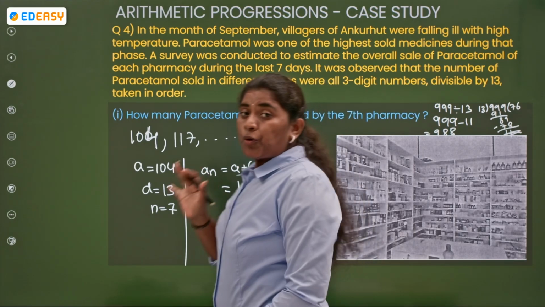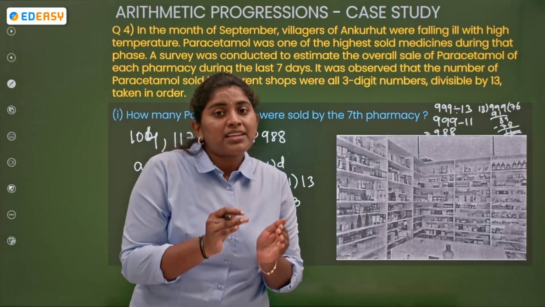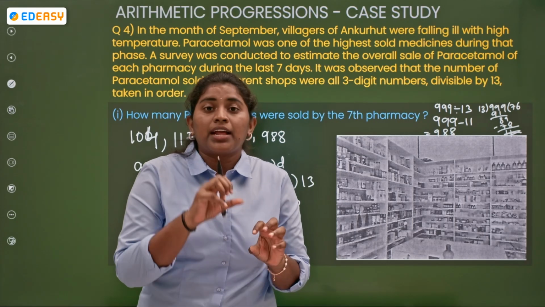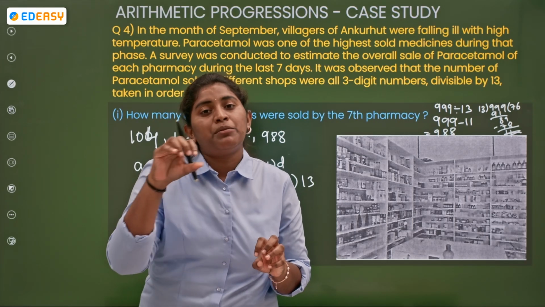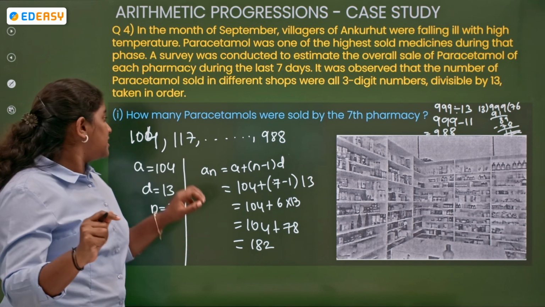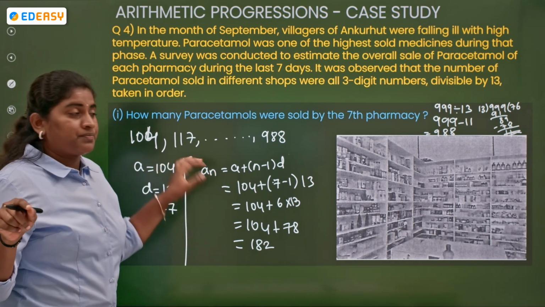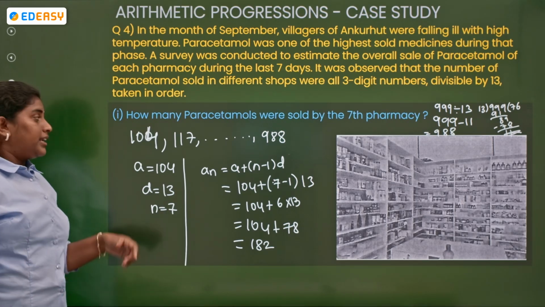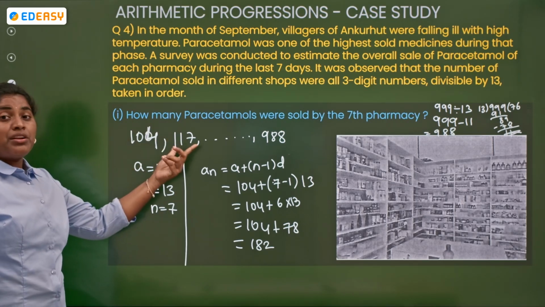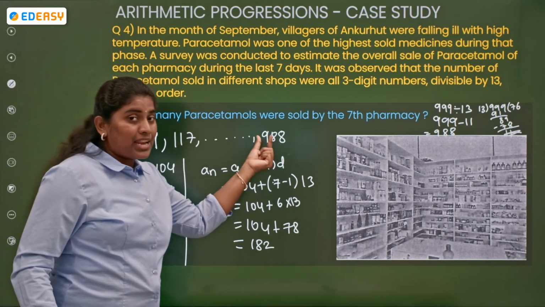Understood? So they told that the value is a 3-digit number. 3-digit numbers start from 100, but that 3-digit number should be divisible by 13. Our first 3-digit number divisible by 13 is 104, where 13 eights are how much? Fine. Next, the second one will become 117. Now, how to find the last term?